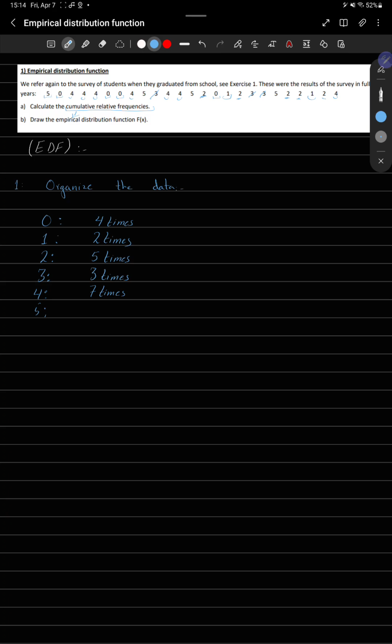And how many times we have 5? 1, 2, 3. We have 3 times 5. So this organizing of data is called frequencies of each value.